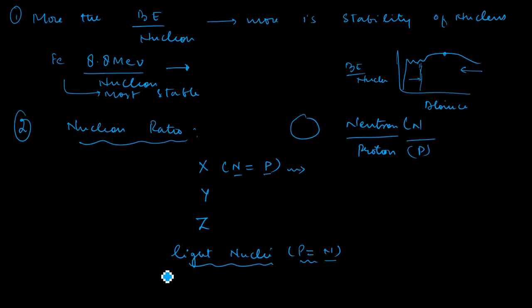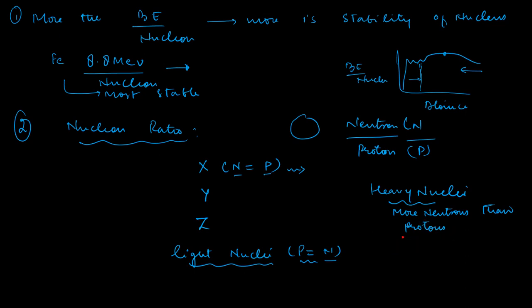Now, if we talk about the case of the heavy nuclei, do remember the heavy nuclei will be stable only when it has more neutrons than protons. Why is it so?